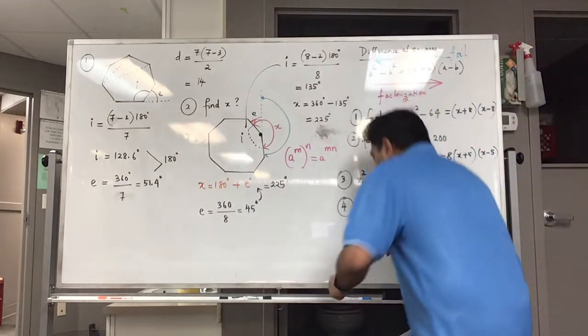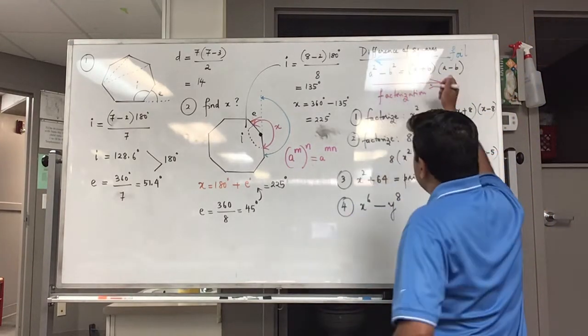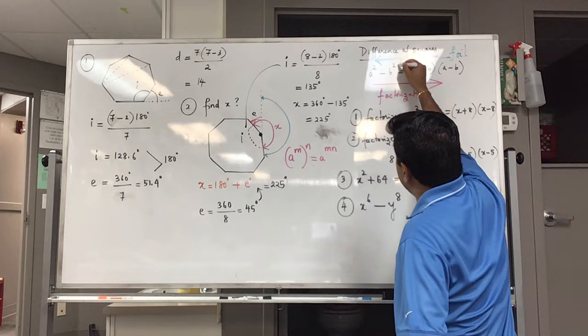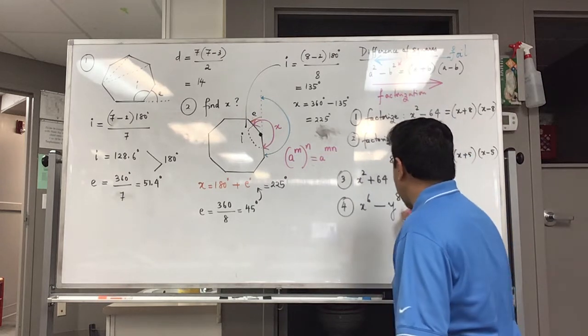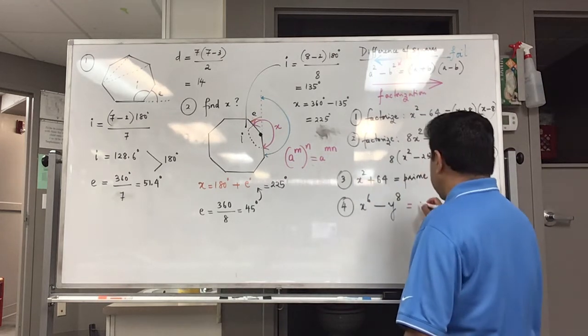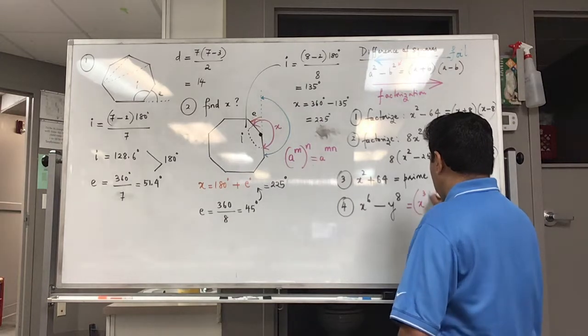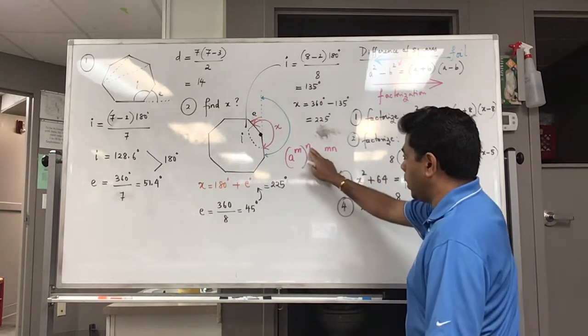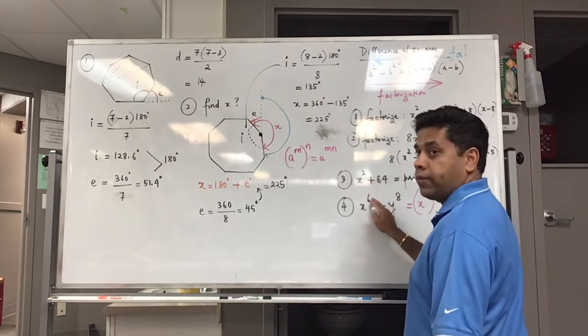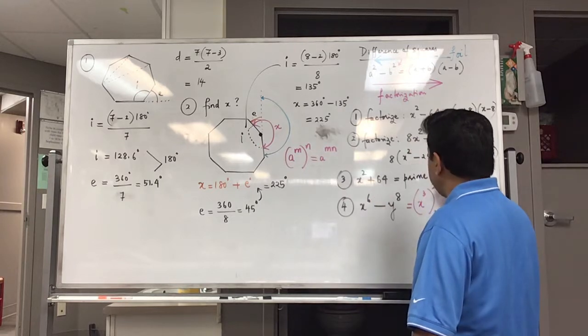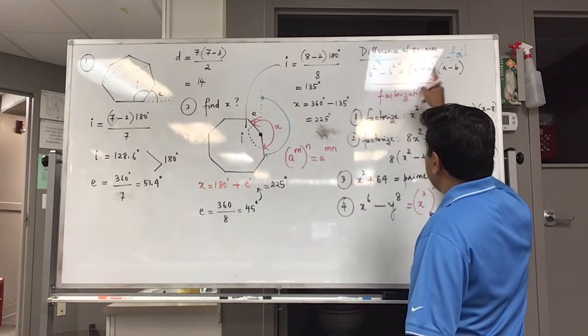Listen up. When we talk about difference of squares, the term here is 2. That's important. So I can write x raised to 6 as x raised to 3 raised to 2. 3 times 2 is 6. That's what I have, 6. And I got the 2 outside because I want difference of squares.